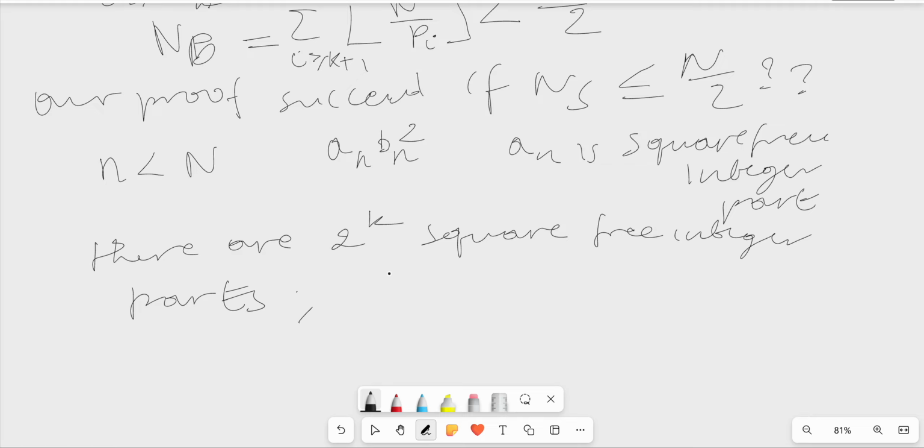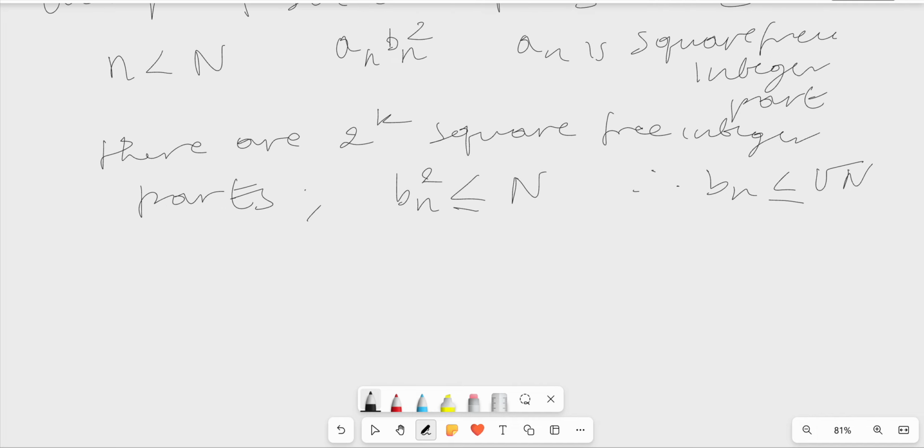And also from b_n squared being at most n, the possible values of b_n are at most square root of n. Therefore, NS is at most 2 to the k times square root of n.